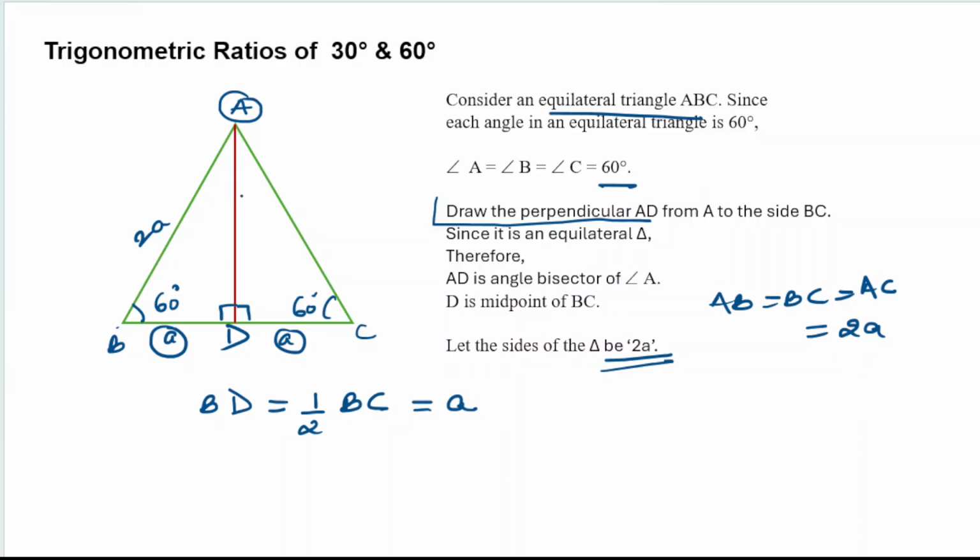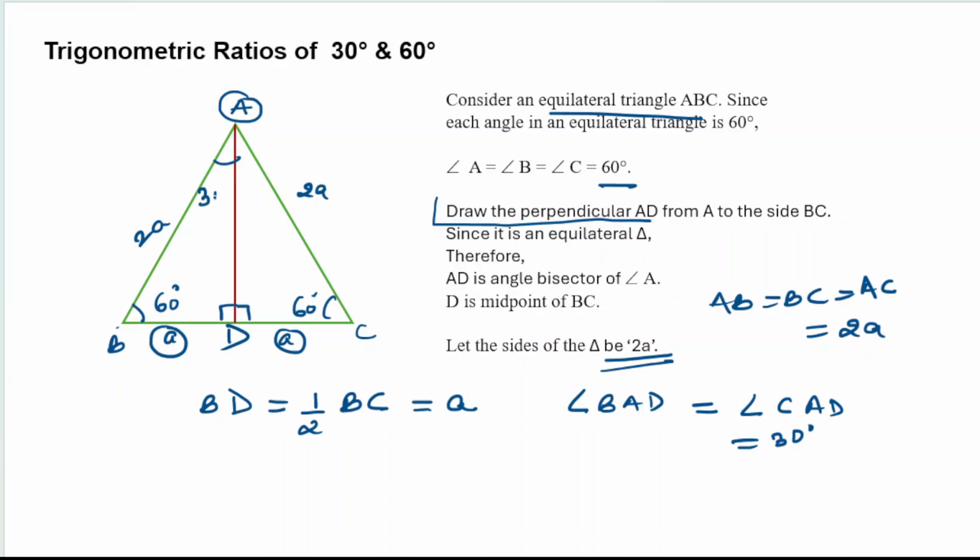AD we have to calculate because we do not know the length of AD. But we know the length of AB. AC is also 2A. Angle A is now bisected in two equal parts. So angle BAD is equal to angle CAD, which is equal to 30 degree.